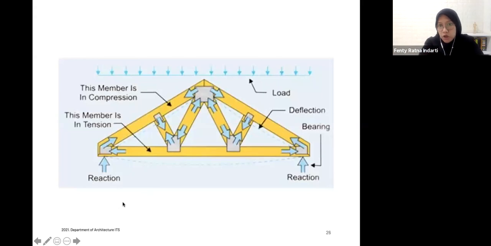And if you take a look at the truss, there are two types of response in this part: compression and also tension. If we take a look at this particular shape and push it here, this is the load from above. When you push it, of course, there will be deflection like this. That's why you have this one, so that it doesn't deflect.